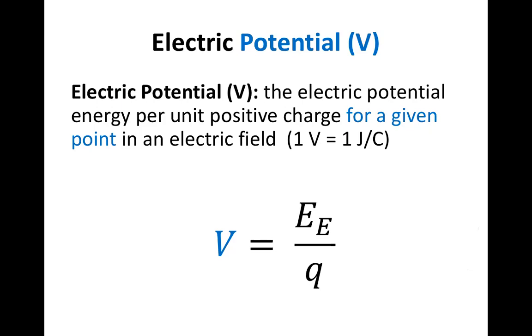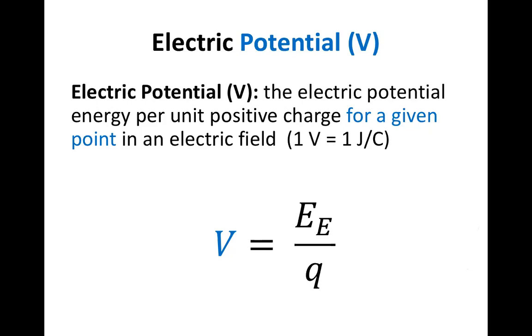And this is a measure of how much electrical potential energy is associated with a specific quantity of charge at a particular location. And this is a convenient measure because it's independent of the amount of charge at that location. So it depends only on the electric field strength at that location.